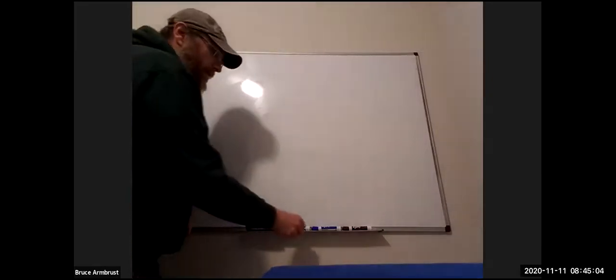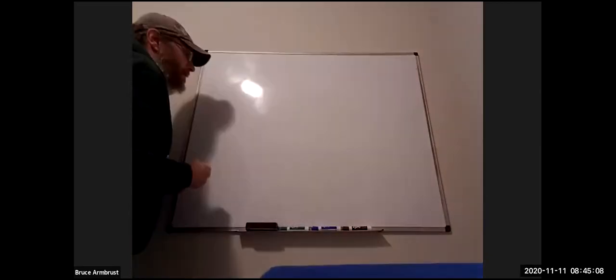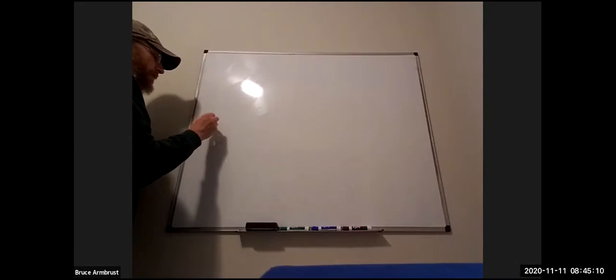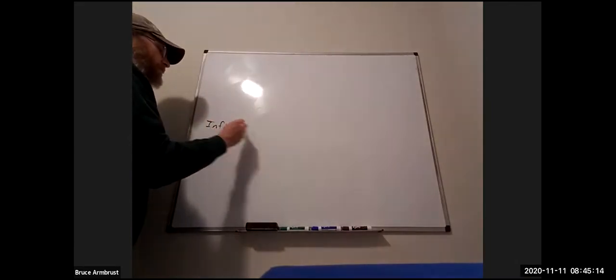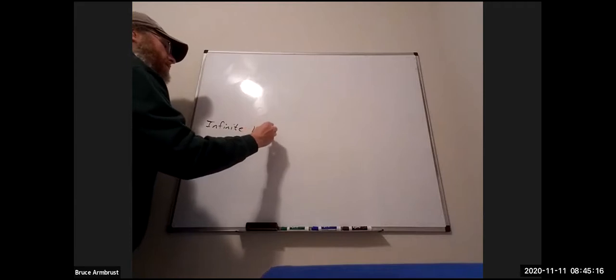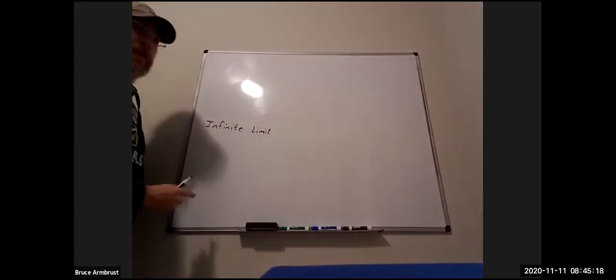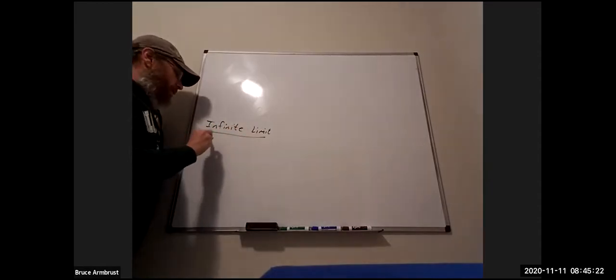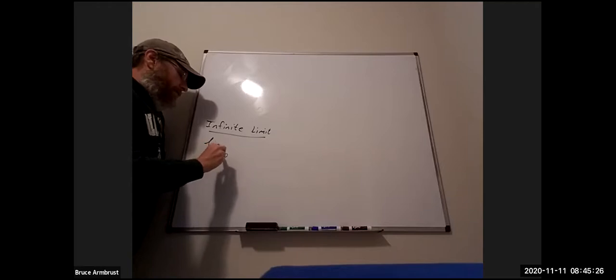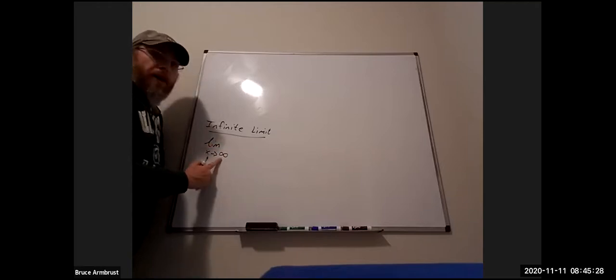So infinite limits are very much like limits that you know. The idea is what's happening as we approach a number, right? That's the idea of a limit. But an infinite limit is what's going on as our x's grow without bound.